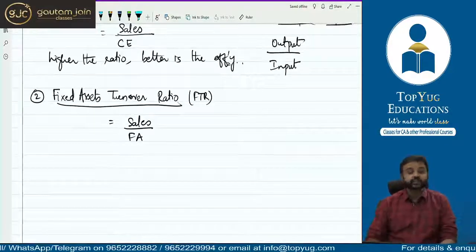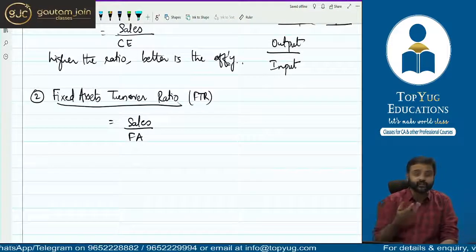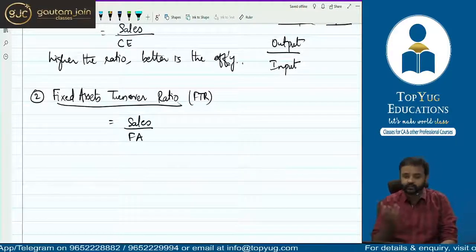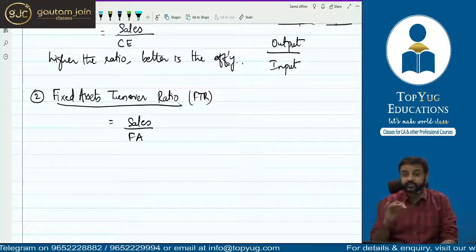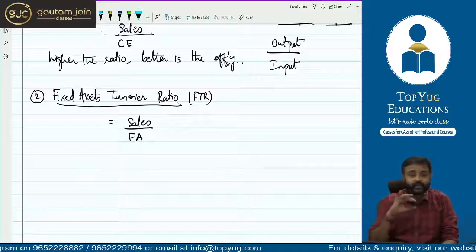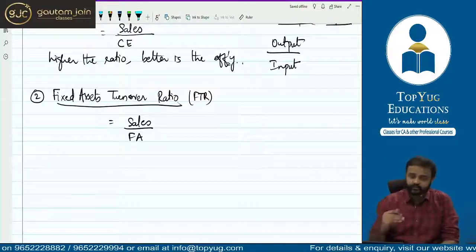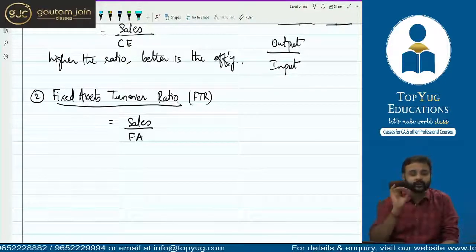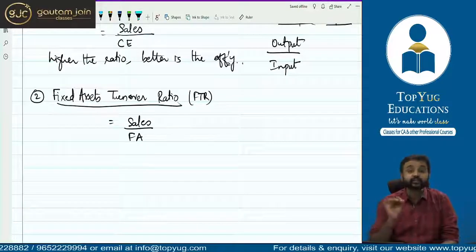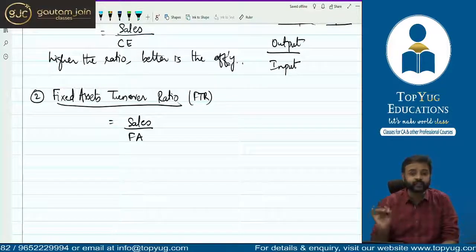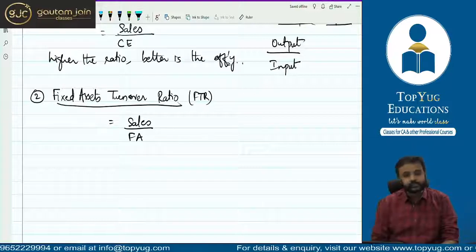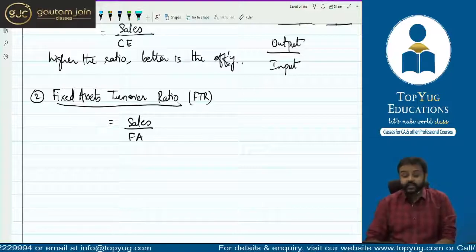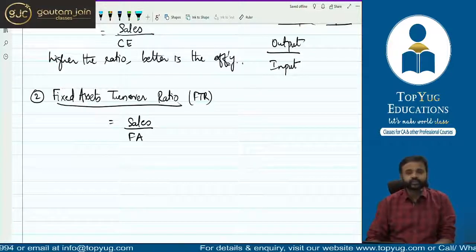Then you'll say, sir, this fixed assets, again, shall we take average fixed assets? Yes, if information is provided, because sales which is in the numerator is coming from P&L, so that's for a period. So fixed assets also should be for a period, and that's where it should be average fixed assets, provided information is there with you. Okay. Okay, sir. Higher the ratio, better it is, or lower the ratio, better it is?